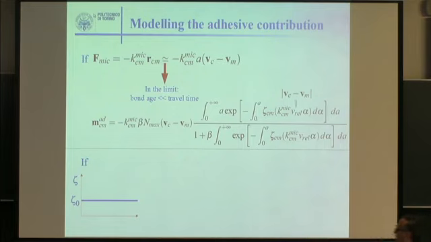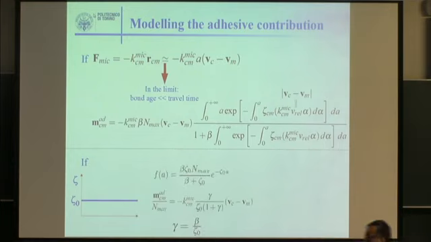Forget about that. But okay, let's assume that the bonds at the membrane are just renewing all the time, constantly renewing at a certain rate, regardless of the force that is acting on the bond. You put that into this formula here. This is just a constant. You integrate it, and what do you get? You get that the interaction force is proportional to the relative velocity. Okay?